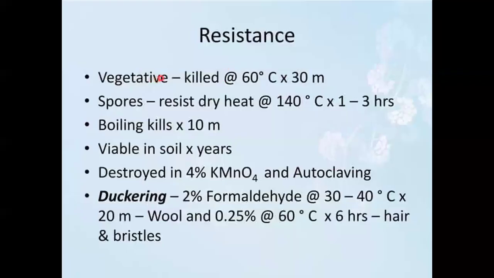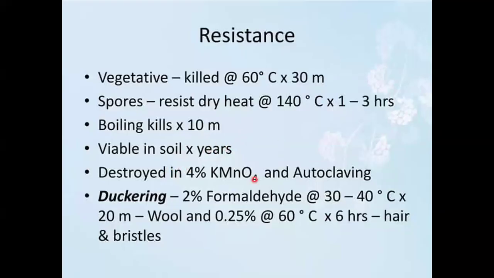So the vegetative form is killed at 60 degrees for 30 minutes. The vegetative are the bacteria, not the spores. The spores resist dry heat at 140 degrees for 1 to 3 hours. Boiling kills them in 10 minutes, and they are viable in the soil for very many years. Okay. So that's how the animals get them, when they consume them, because they stay viable in the soil for very many years.